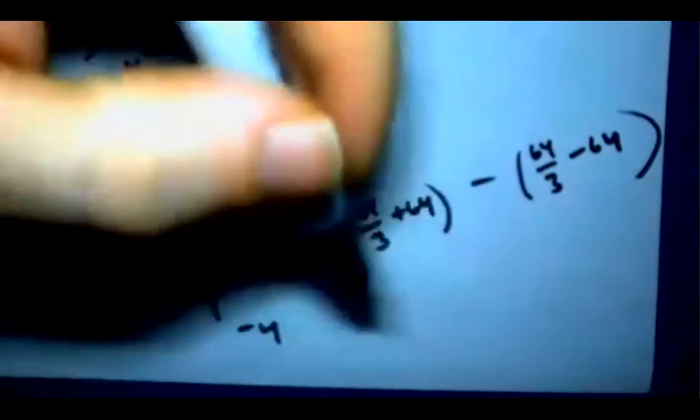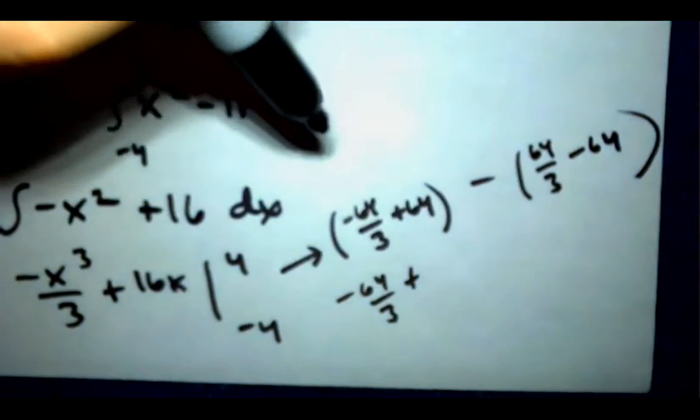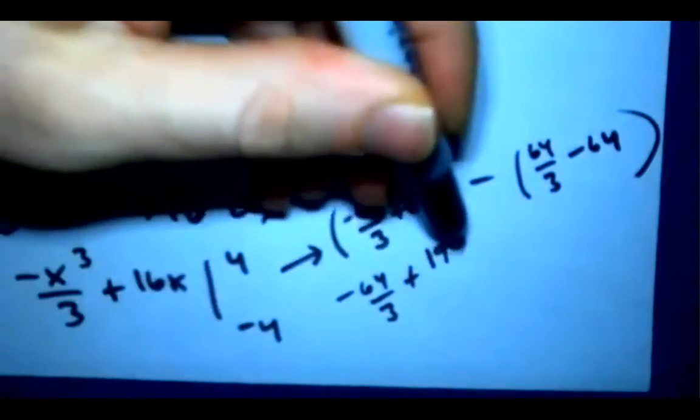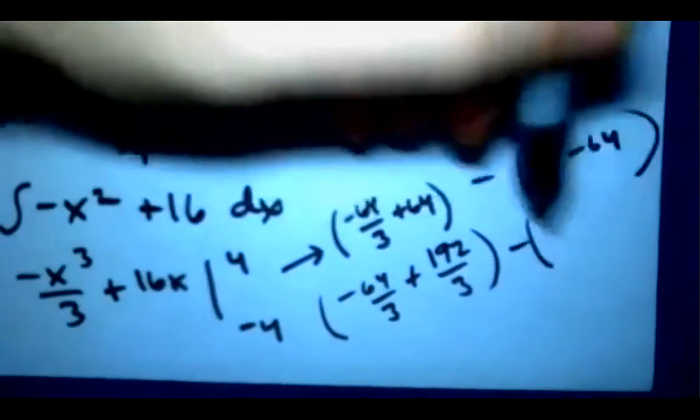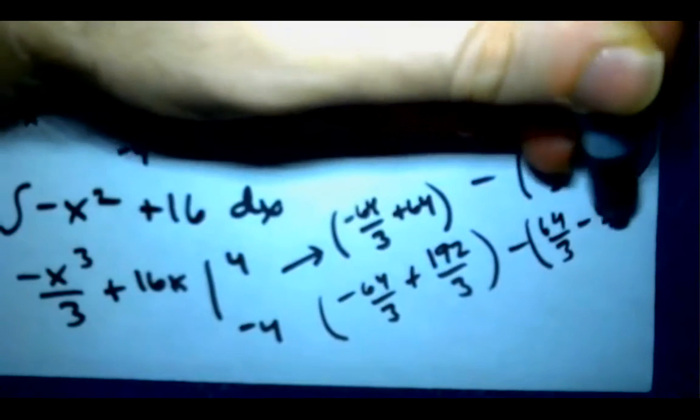Yeah, because that's ugly. So -64 over 3 plus, what would that be? 192 over 3. And then minus 64 over 3 minus 192 over 3. That's 128 over 3.